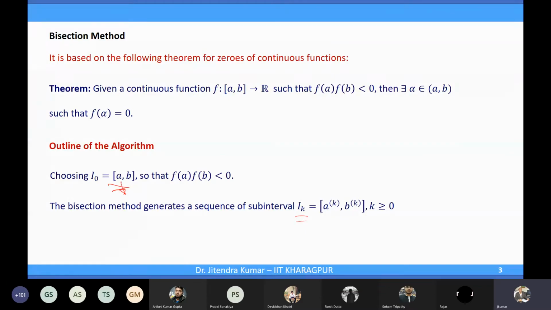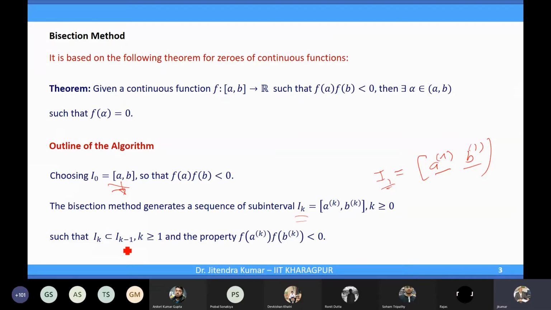For instance, you have a0, b0, the beginning one, then the interval I1 will be a1 and b1. How do we get the lower boundary and the upper boundary for the next interval?